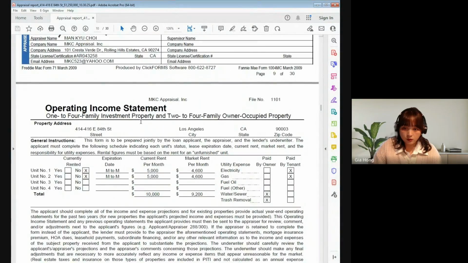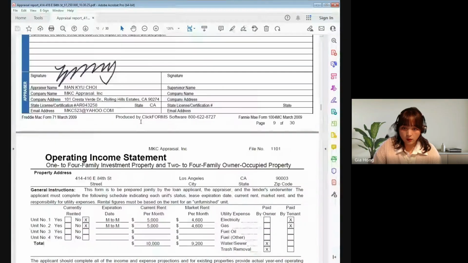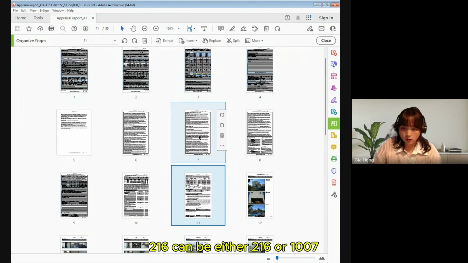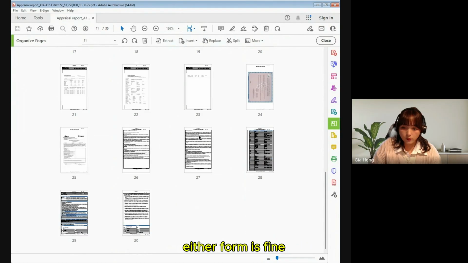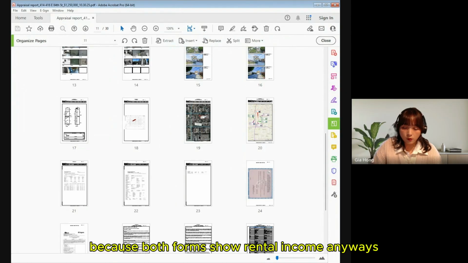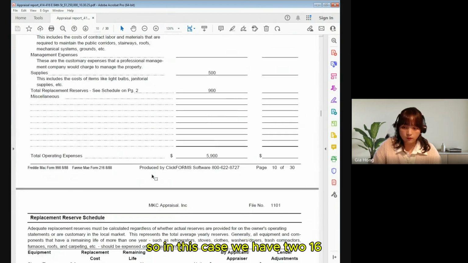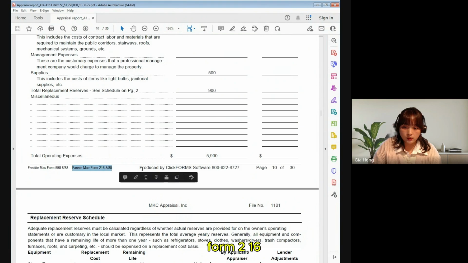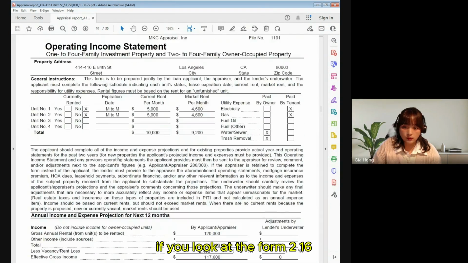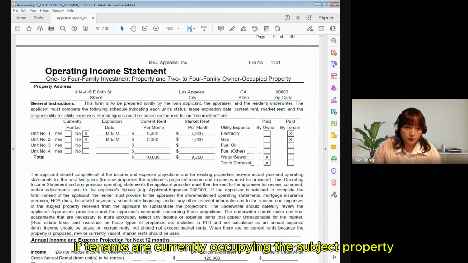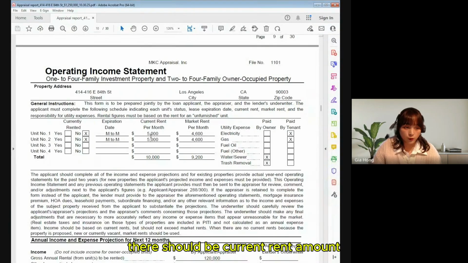This is the operating income statement, and it can be either 216 or 1007. Either form is fine because both forms show rental income. In this case, we have form 216. If you look at form 216, you will see the current rent amount. If tenants are currently occupying the subject property, there should be a current rent amount.